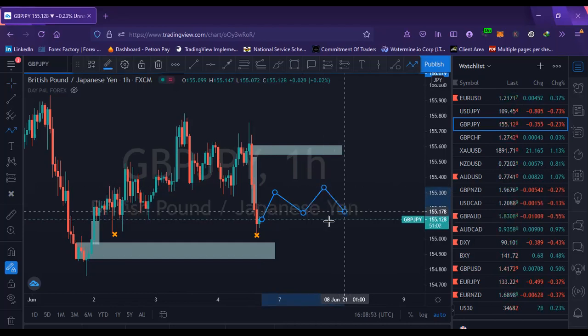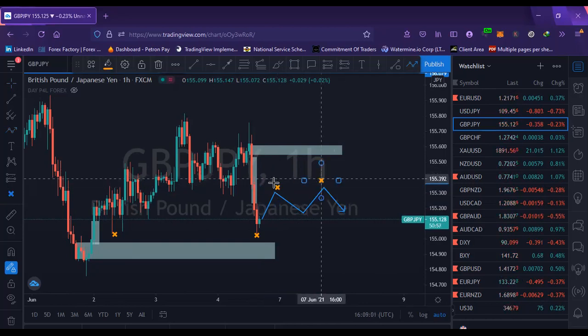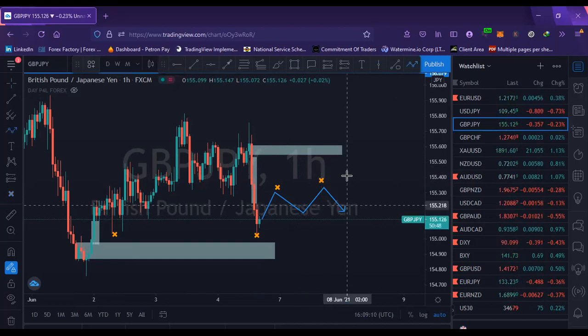So by seeing price engineering liquidity, so you see liquidity here, that is a buy stop liquidity here. So by seeing this signature, if you should see a next move to the upside, know that price is getting into this other block.